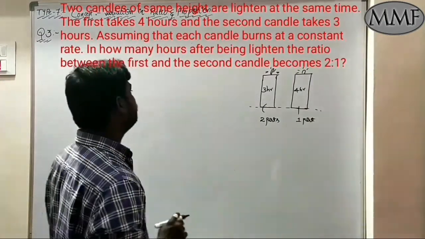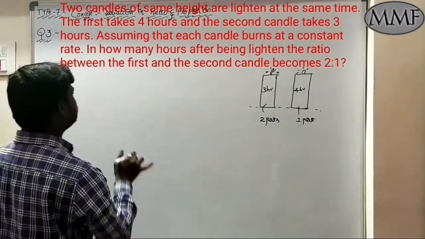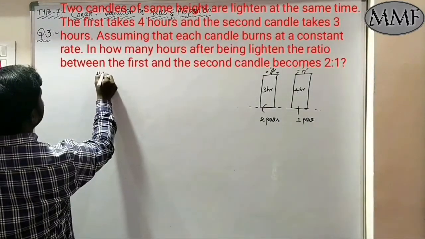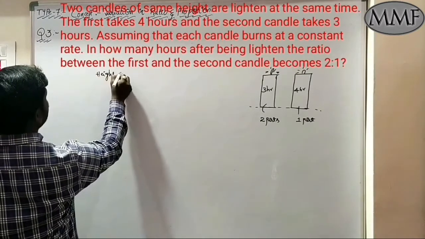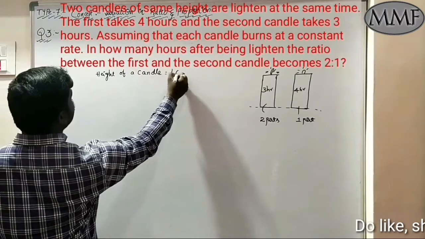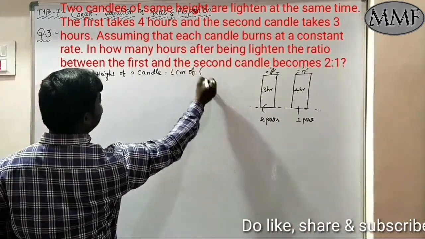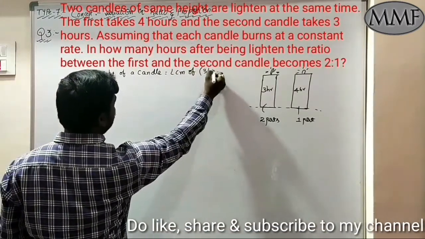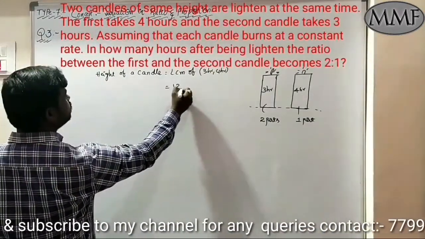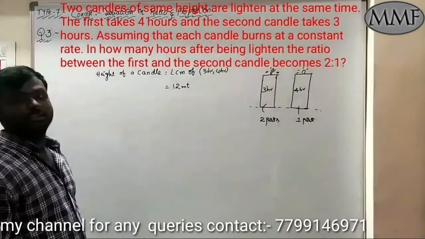Now listen carefully. Same question as previous. First, what do we do? Height of a candle is the LCM of times. What is the time? 3 hours and 4 hours. What is the LCM? It is 12 meters. Clear? This is the height of a candle.